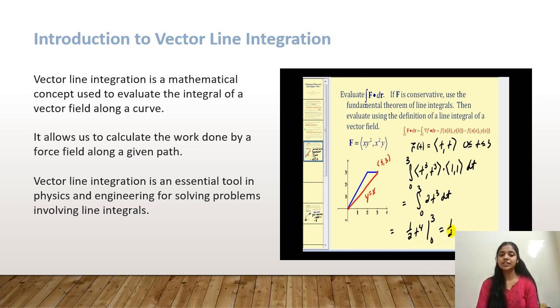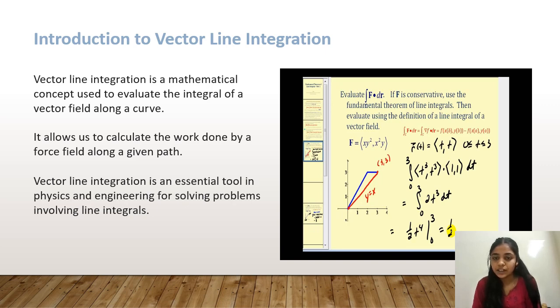Vector line integration is an essential tool in physics and engineering for solving problems involving line integrals. Here, evaluate integral F dot dr. If F is conservative, use the fundamental theorem of line integrals. This is the equation to find the vector line integral.